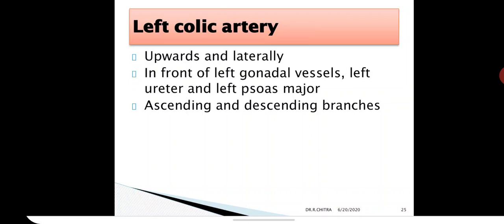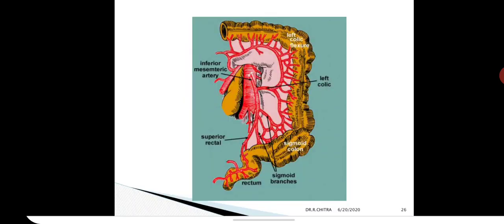The left colic artery runs upwards and laterally in front of the left gonadal vessels, left ureter, and psoas major. It also gives rise to ascending and descending branches. So this is the inferior mesenteric artery, running on the left side of the aorta, accompanied by the inferior mesenteric vein on the left side.